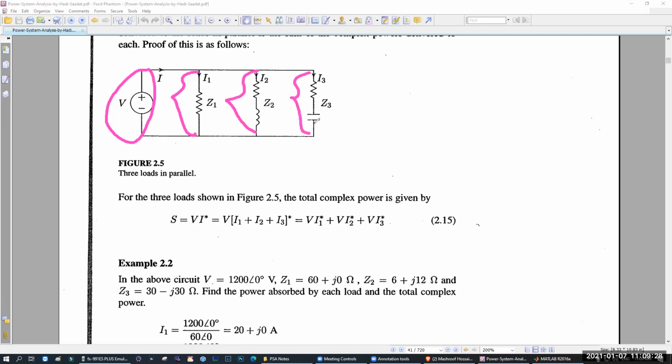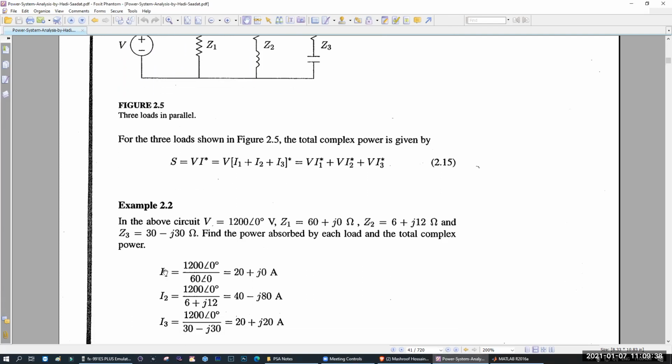If they are the same, that means you can write I is equal to V by Z. So I1 is equal to V by Z1. From where did I get this Z angle 0? From there it is Z angle 0, because this is 0, so this will be 0 again.